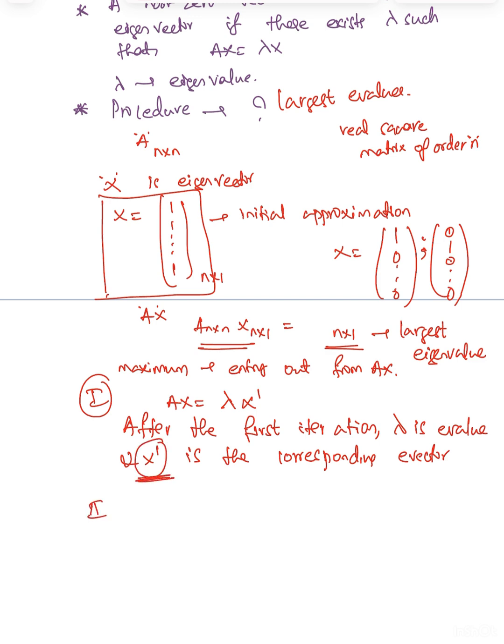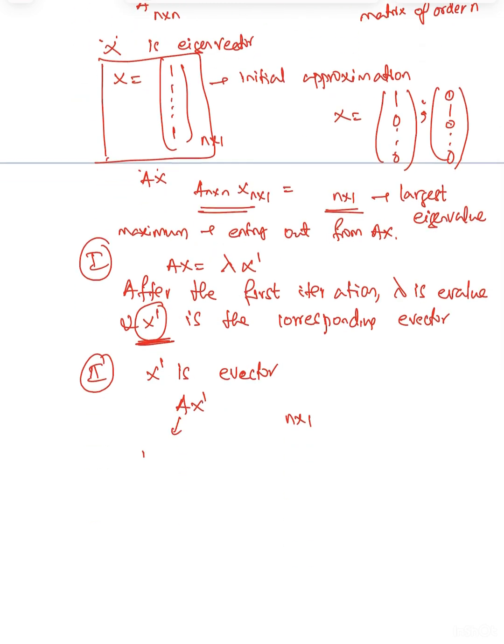Again we find the product Ax dash, which is also an n by 1 vector, and take the maximum entry out. Therefore Ax dash is equal to lambda dash x double dash.